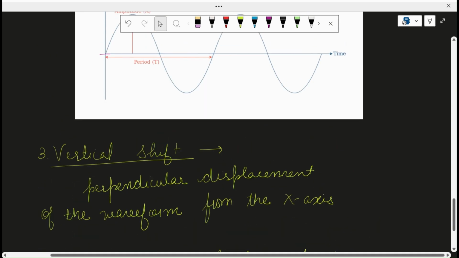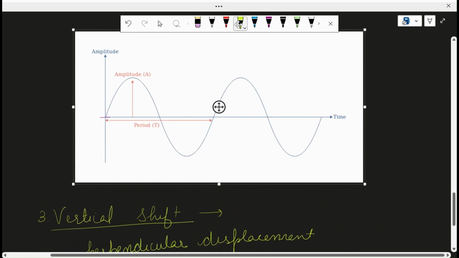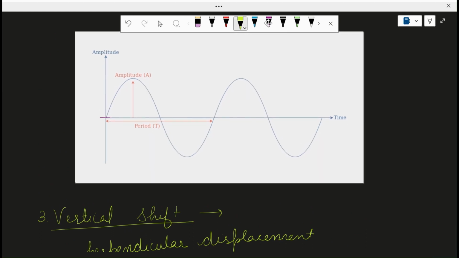So in the diagram, let us understand what the fraction of period is. This is the complete cycle, or the time period in which the wave completes one cycle. So let me divide this wave into four equal parts.